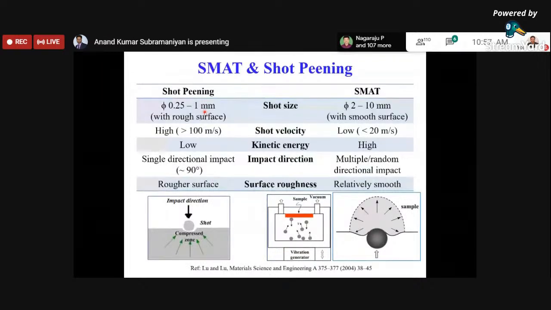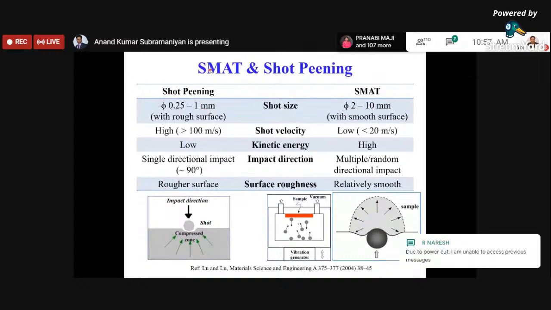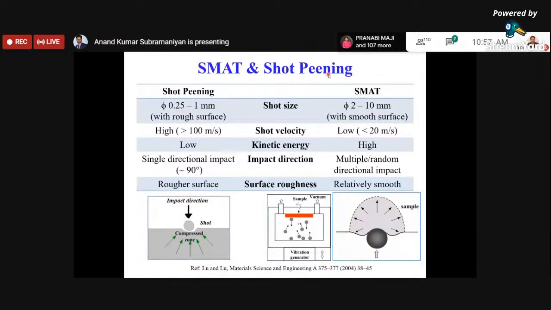So now quickly, I just wanted to give you a comparison between the SMAT and shot peening process. Although I said the SMAT process is very similar to shot peening, these are some of the differences one can expect. For example, in the case of shot peening, the shot size of the steel balls is in the order of 0.25 to 1 mm.